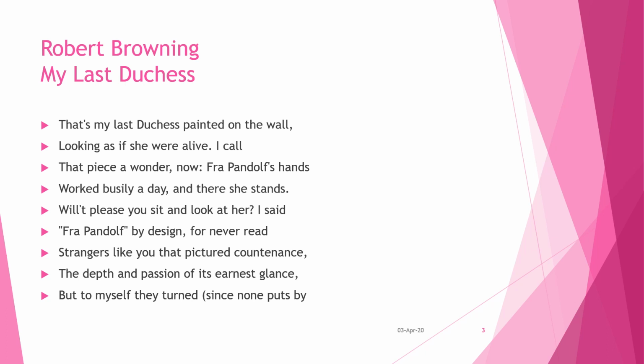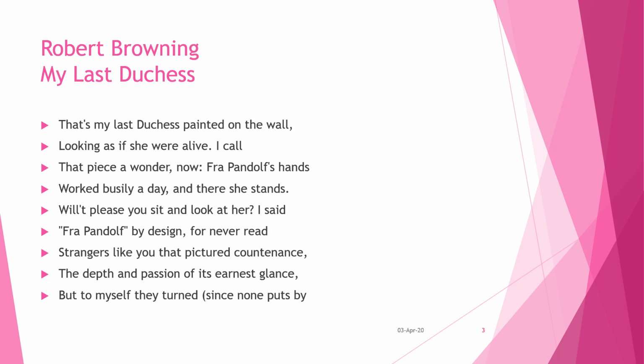You can hear the rhyming words being pronounced. So that's the basic difference. But why does Browning use the open heroic couplet? Because it makes his language much closer to conversational language, everyday language that we use.